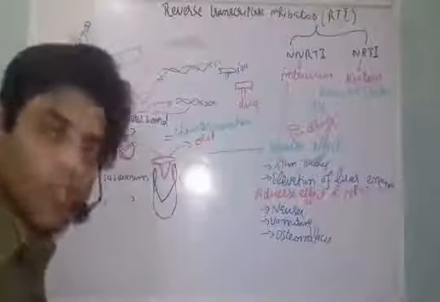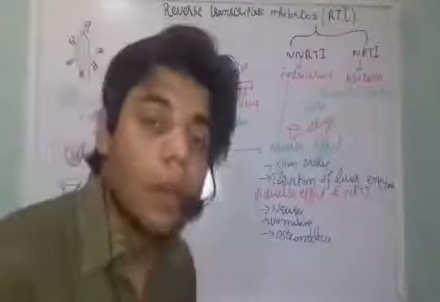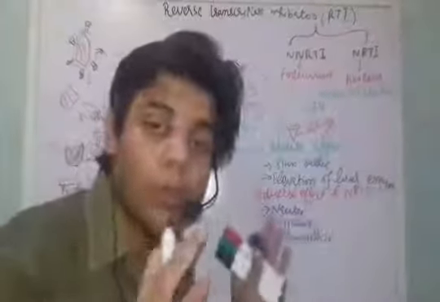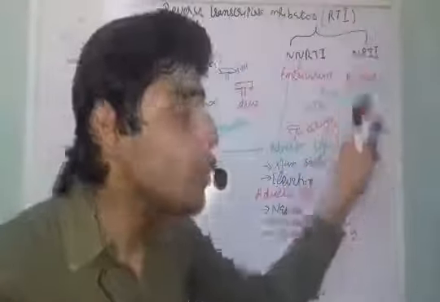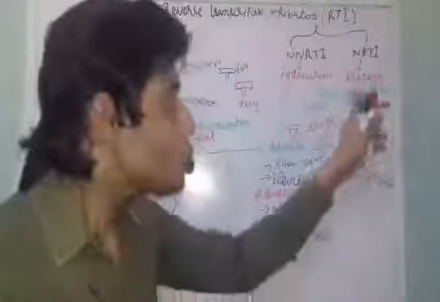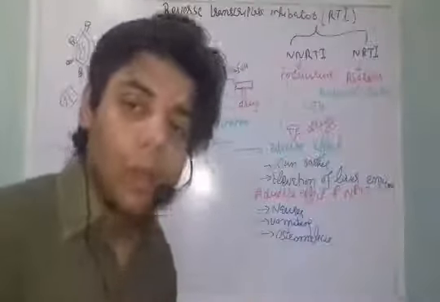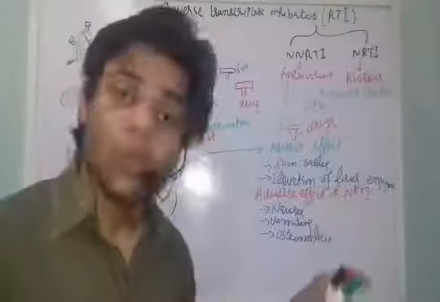What does osteomalacia mean? Osteomalacia means that the bone will be weak or soft. Why? Due to giving these nucleoside reverse transcriptase inhibitor drugs, such as tenofovir, they will absorb vitamin D and calcium.